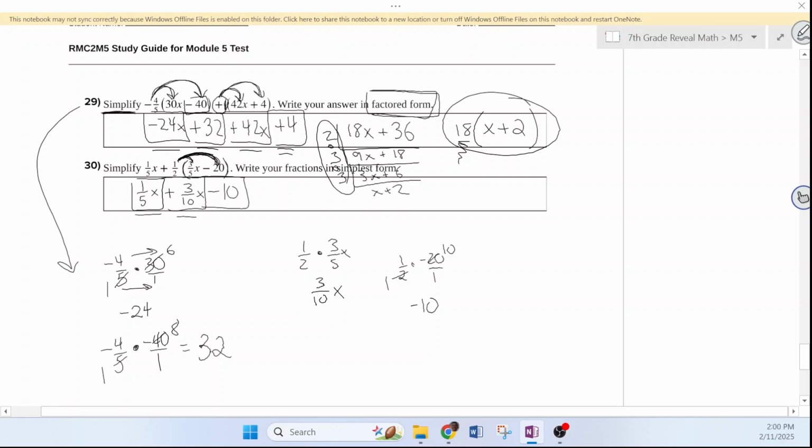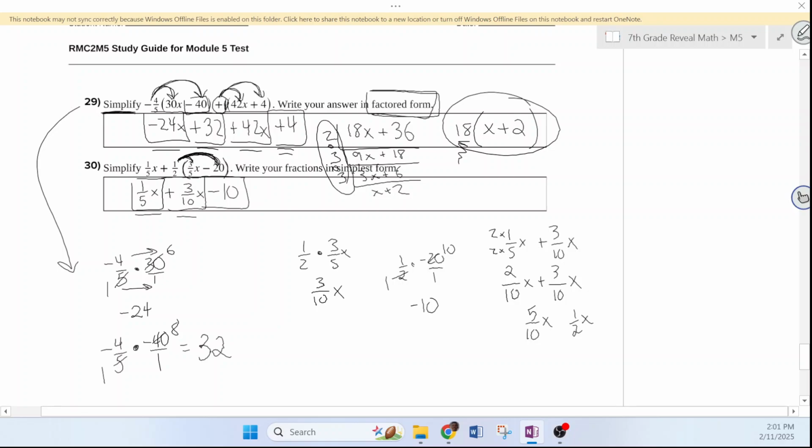I'm adding, so I need my common denominators. 1/5 x plus 3/10 x. 5 and 10 both go into 10. Times 2 to get 10, so times 2 up there. I get 5/10 x. Now, that can simplify down to 1/2 x.